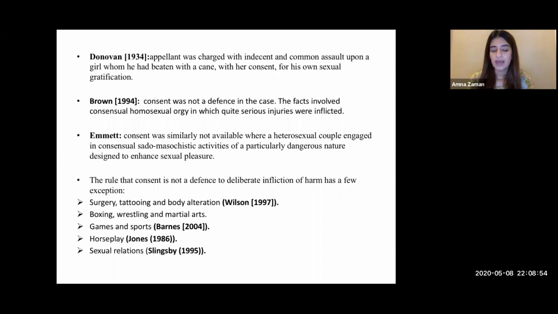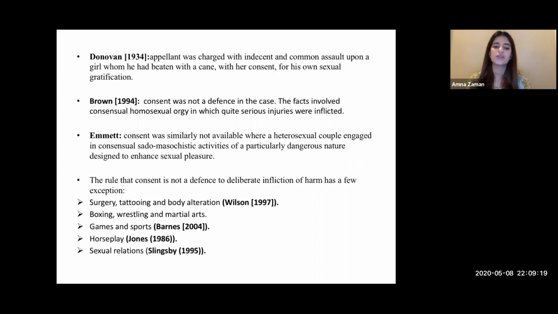Then we have another exception, which is sexual relations, provided the purpose of the activity is not to inflict harm on the partner. Such sexual relations, if consented to, consent will be a defense in situations where harm results.